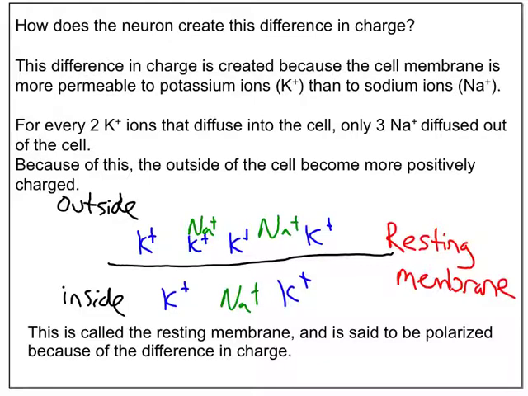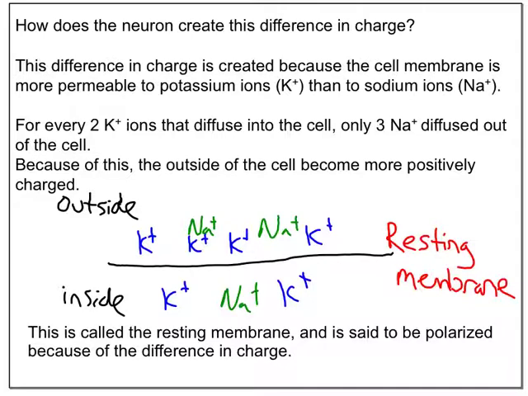Okay, so you've got 2 potassium ions going in, and 3 sodium ions coming out. You can see for every 2 that are going in, 3 are coming out. That's going to create a very positive charge on the outside of the cell.